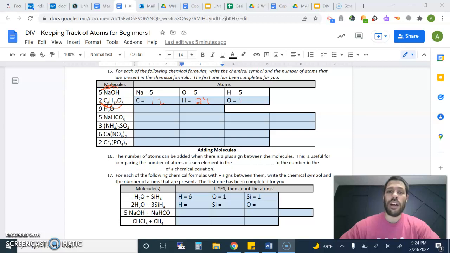So then I have 12 O's as well. Okay? Now, keeping in mind that is what the next couple look like.